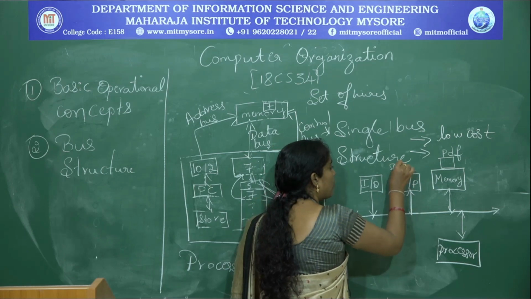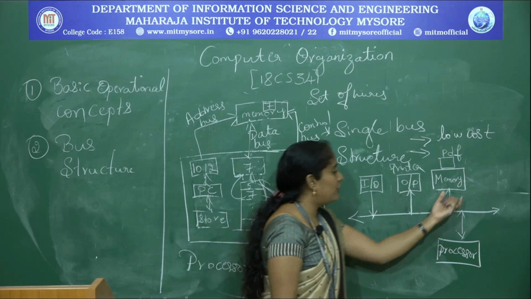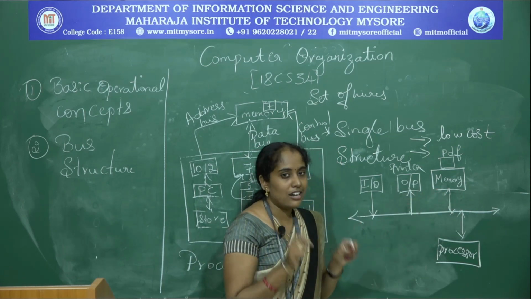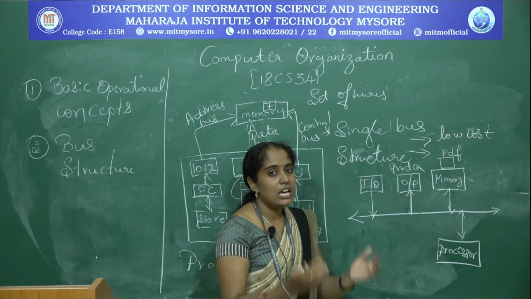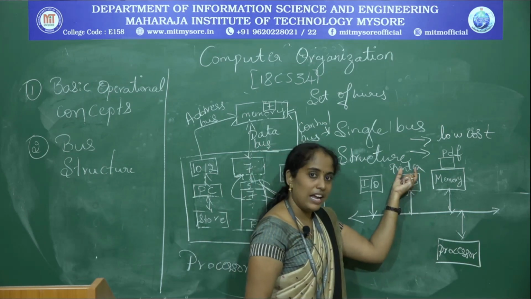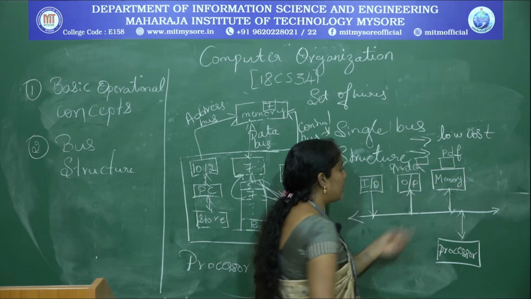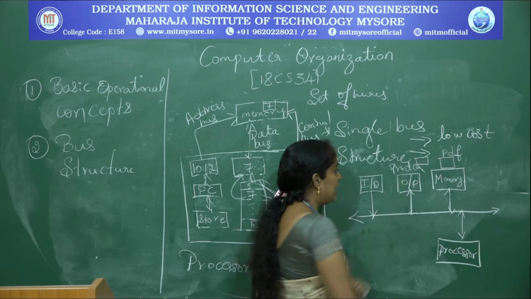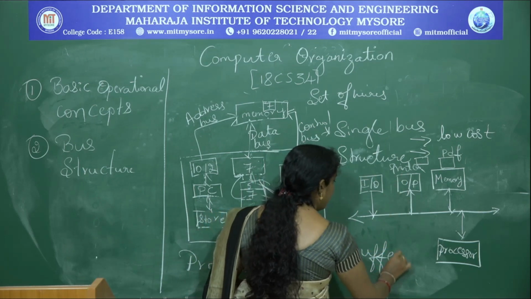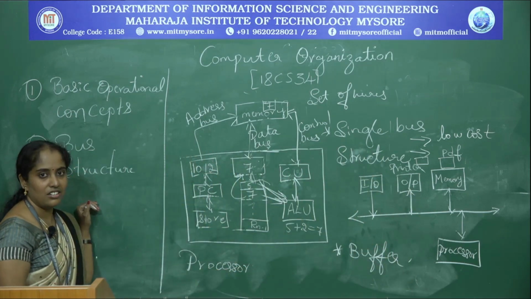Your output device may be your printer. The speed of the memory and the output device is different, so for synchronization we use a buffer inside the printer. To synchronize the speed of the memory and the output device, we need a buffer. This is all about your bus structure.